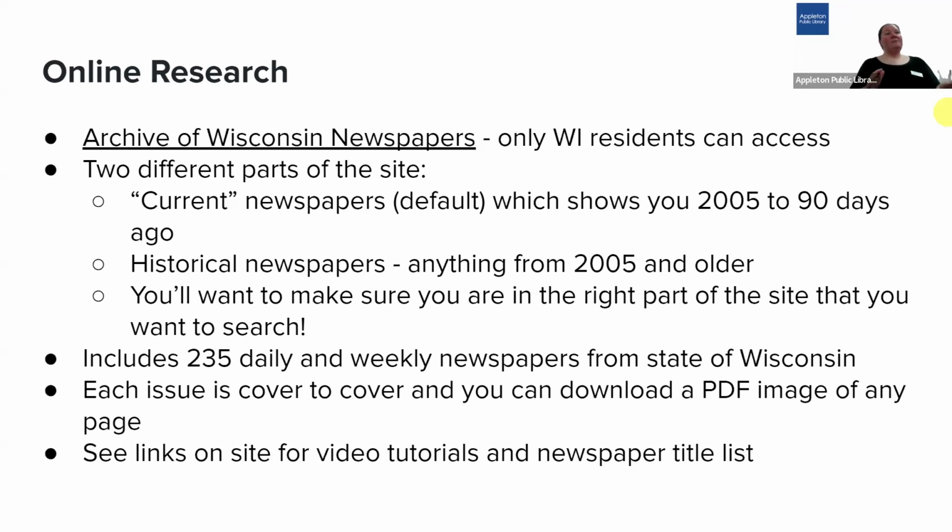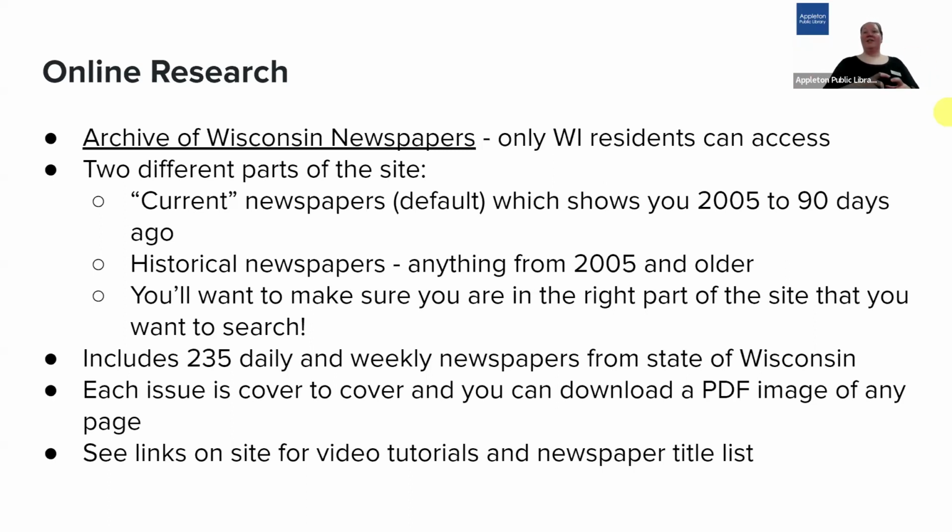So sometimes there are little smaller communities around the state of Wisconsin. Not really any major Wisconsin titles are in there, but if your ancestor lived in a smaller community, you can definitely find them in these newspapers. Each issue is what they call cover to cover. So it's going to be an actual image of the newspaper where you can download a PDF of it or download an image file of it.